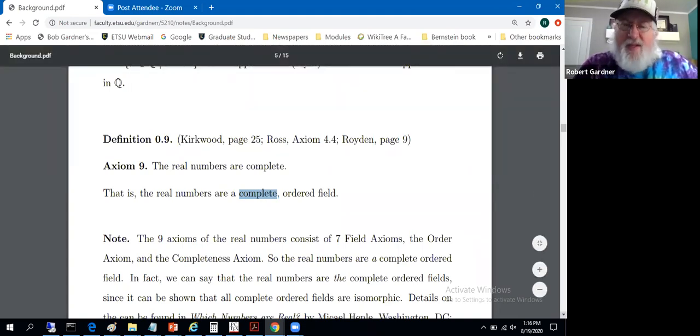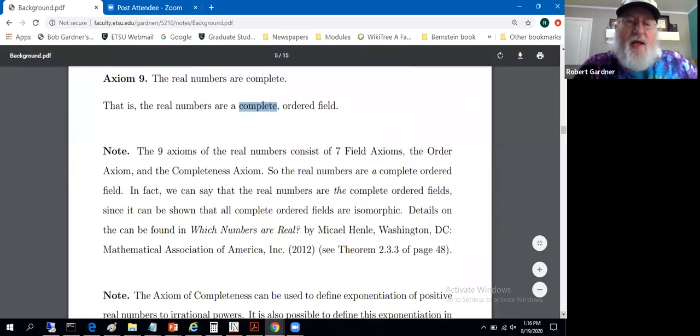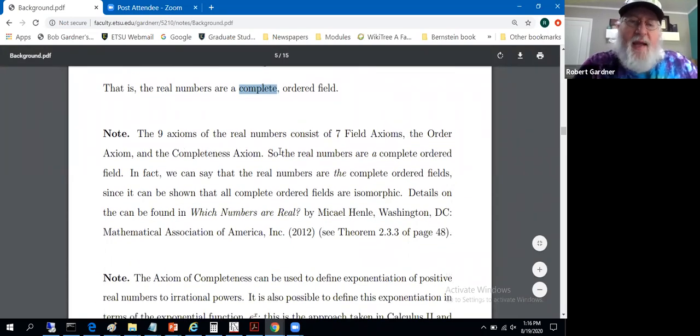I think we'll bump into some of those ideas in this graduate class. So there's 9 axioms that define the real numbers, 7 field axioms, an order axiom, and a completeness axiom. So the real numbers are a complete ordered field. Are there other complete ordered fields? Here we go. There's not.